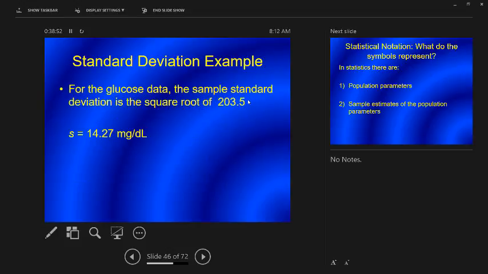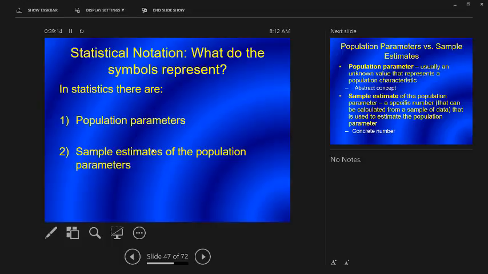So if we take that 203.5 sample variance and get the square root of it, it becomes 14.27 milligrams per deciliter, which is our standard deviation for that sample of data. So the standard deviation is the most commonly used statistic to quantify the variability in our sample.